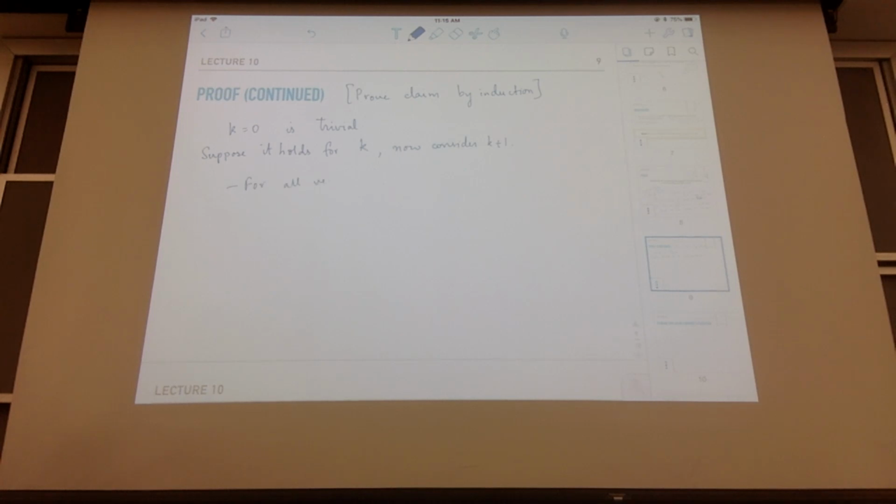So we know that for all vertices W such that the number of hops in the shortest path is at most k, we found it. This is the inductive assumption.